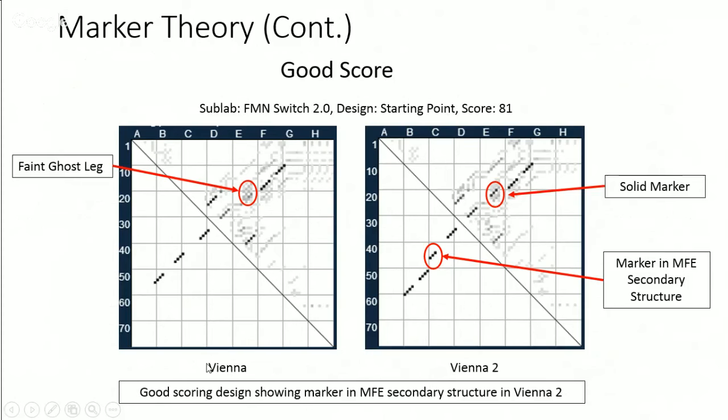You can see, Vienna is on the left and Vienna 2 is on the right, how you have this faint ghost leg right here, but there's nothing correlating to this in the target structure, just a little bit of smudge there. Now if you go to Vienna 2, that smudge has turned into a stack, and that stack is actually in the target structure, and that is a marker.